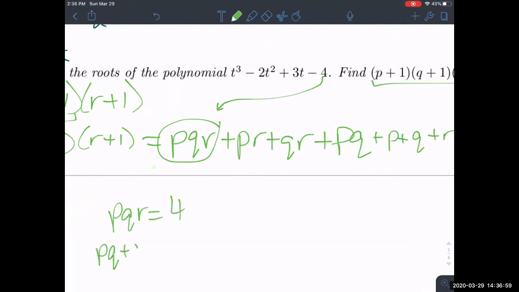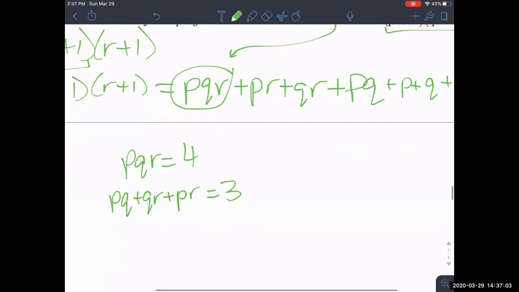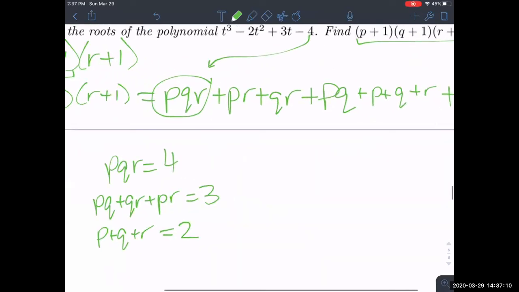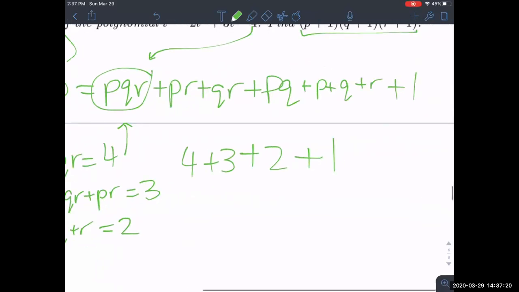PQ plus QR plus PR is going to be 3. And P plus Q plus R is 2. So we can just put all of these back in here. So it's 4 plus 3 plus 2, and then plus an extra 1 at the end. So that's going to be 10. Nice.